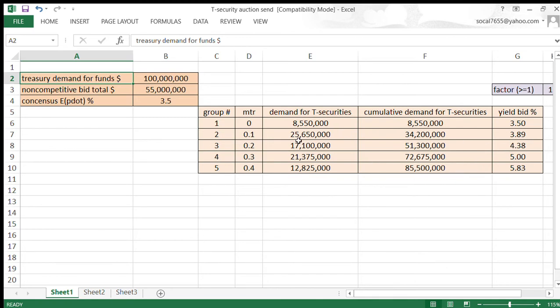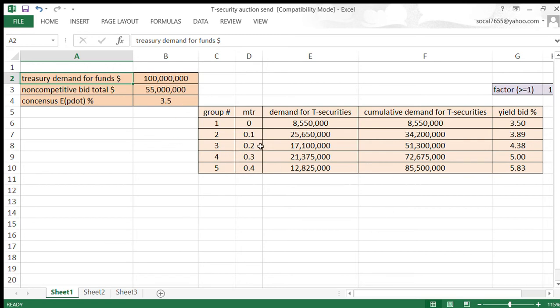So the second group with a marginal tax rate of 10% bids 3.89%. In other words, in this spreadsheet, I just assume that each of these groups is willing to make the loan to the government to purchase the T-bills if they can break even with respect to purchasing power given this consensus expectation for inflation over the next relevant period, 3.5%.